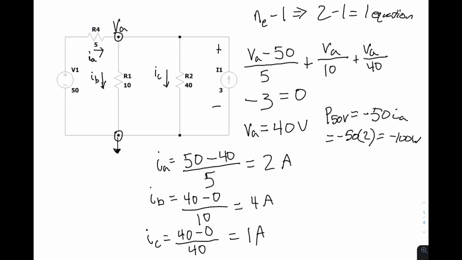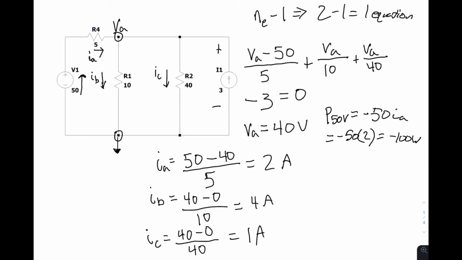We use negative 50 in this convention because IA is traveling on the voltage rise of V1. Therefore, we use a negative convention here.